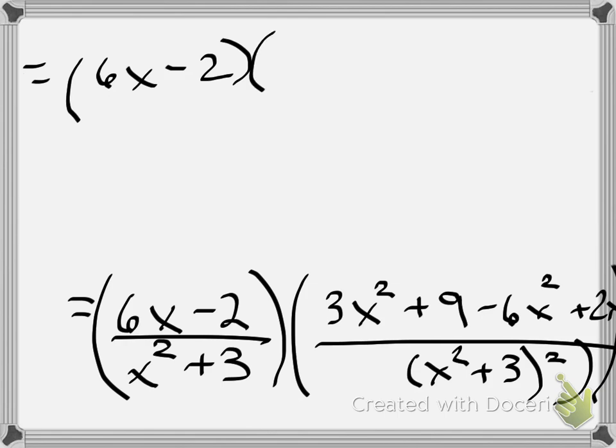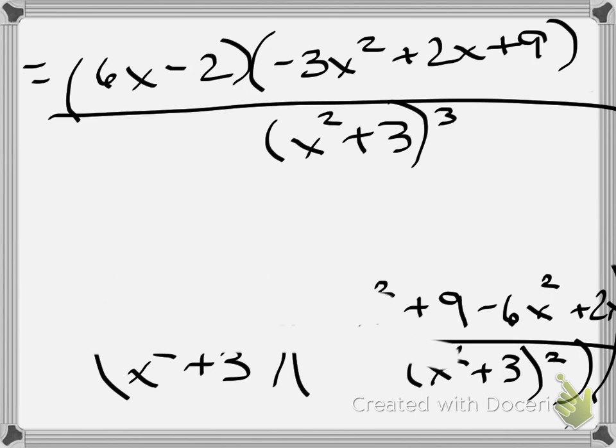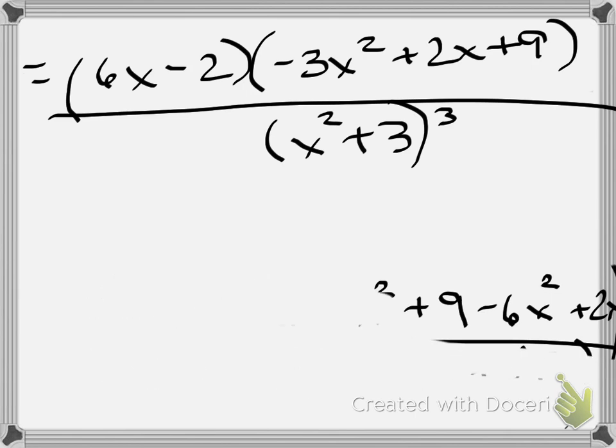And then the other numerator is negative 3x squared, because we have like terms, plus 2x plus 9. But the denominators, those are like bases. So one of them and two more gives us x squared plus 3 to the third. We do need to distribute all the numerator.